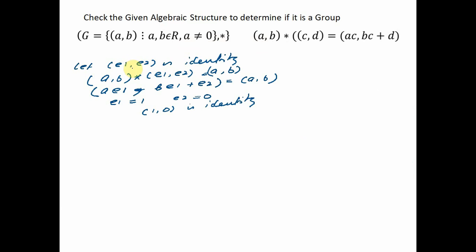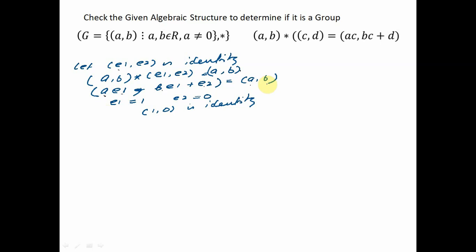Now, the identity element, if it exists, will also be in the form of a pair. So let (e1, e2) be the identity element. So (a, b) star (e1, e2) will be same as (a, b). So let's operate upon it. This (a e1, b e1 plus e2) is equal to (a, b). So let us compare the terms. First term, here I am having a e1, here I am having a.